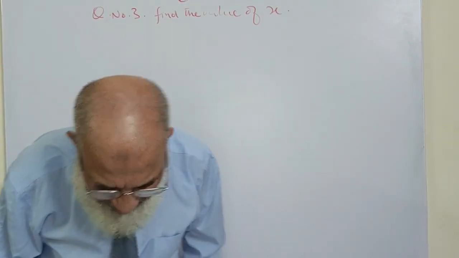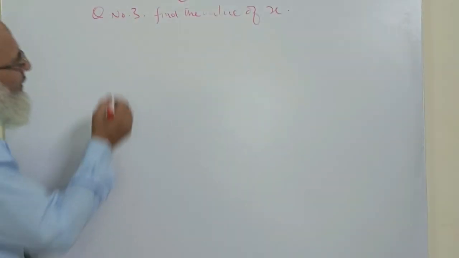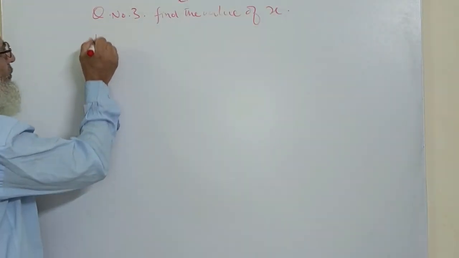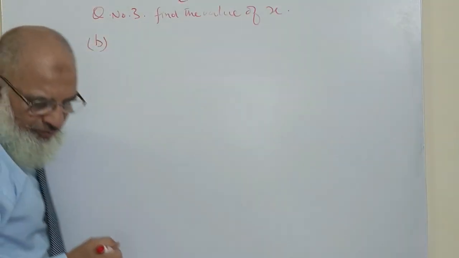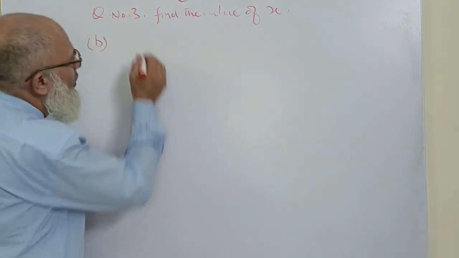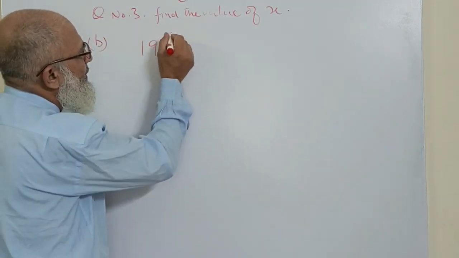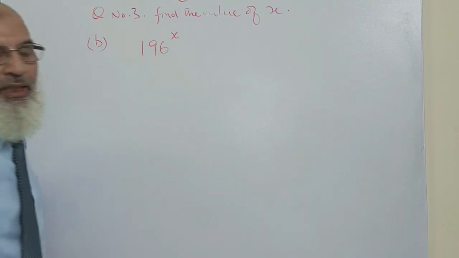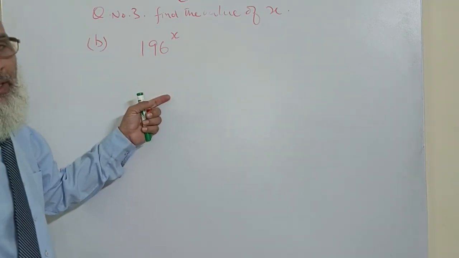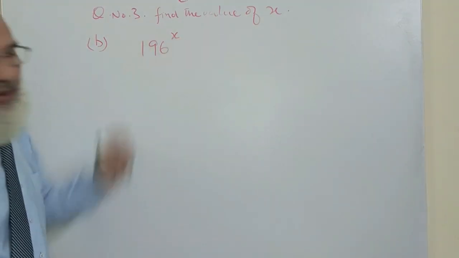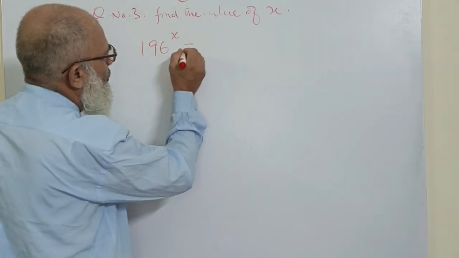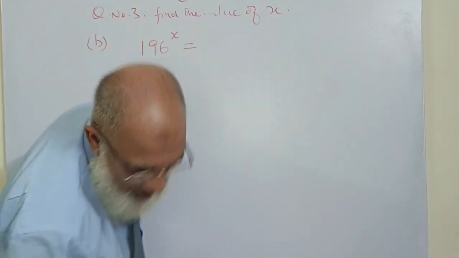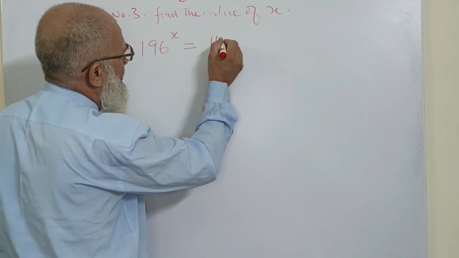Now, for example, we are starting from part B, and that is 196. x is now written over here. Instead of going into the base, it has come into the power. And that is equal to 14.